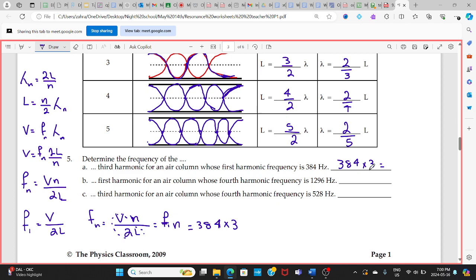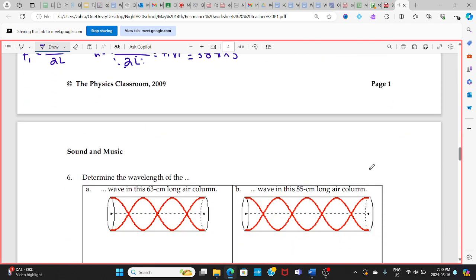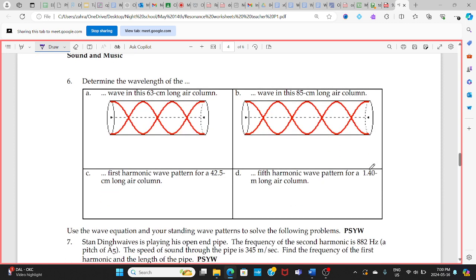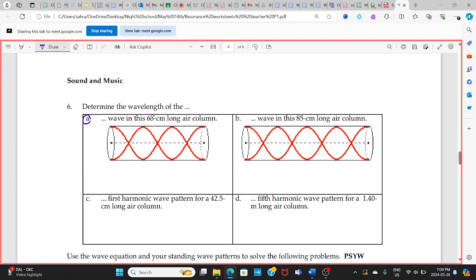Okay. I want to ask everyone to take some time to do number 8 for me. You have this wave, the length of that tube is 63 centimeter. You want to find the wavelength. I'm going to give you 2 minutes to think about this question.